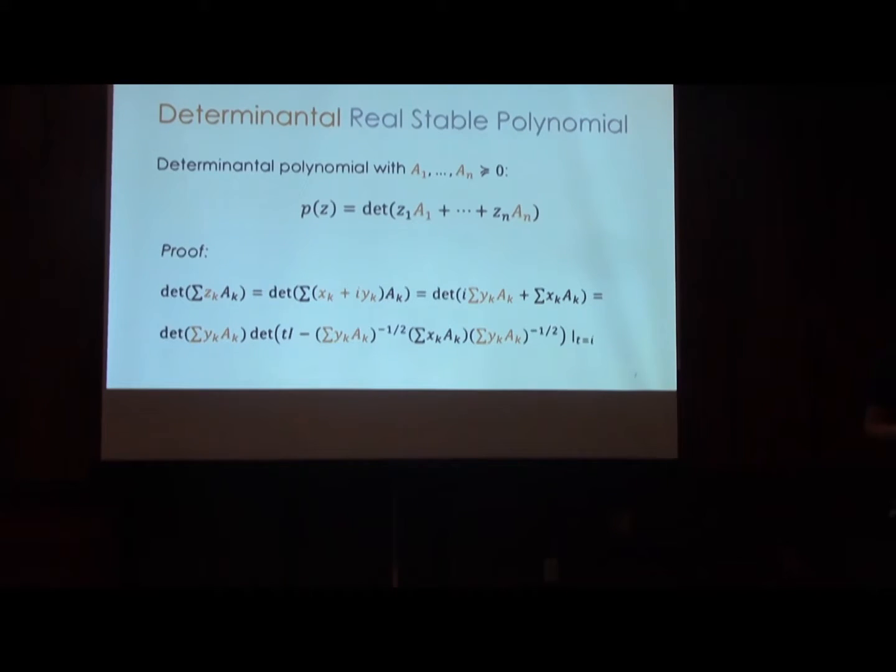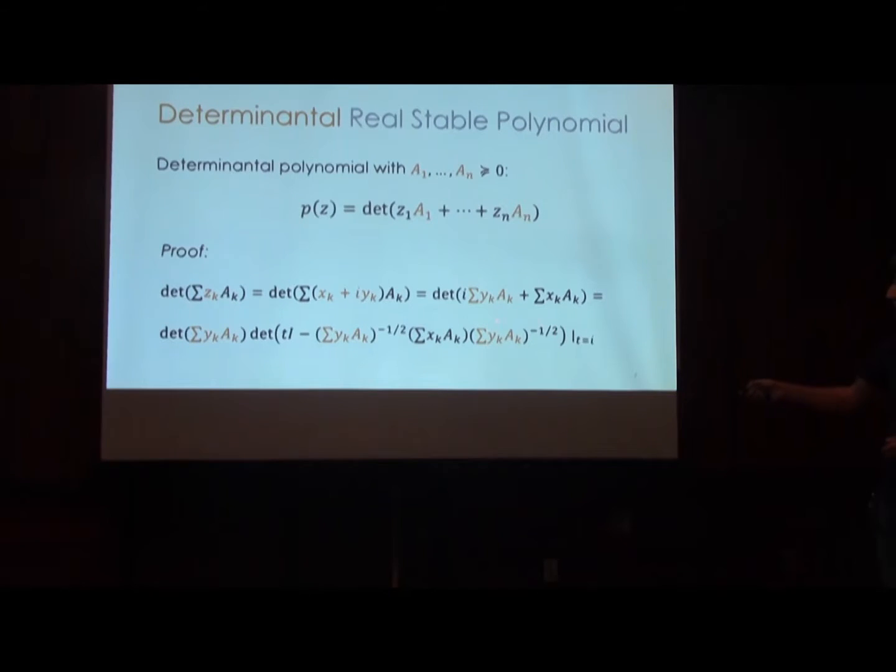Yeah. Sorry, I didn't follow that argument about the positive definite. Okay, sure. So I'm assuming that this determinant is zero, right? And I'm separating the real part and the imaginary part. Now I'm claiming that this orange part is a positive definite matrix, right? So it's invertible.